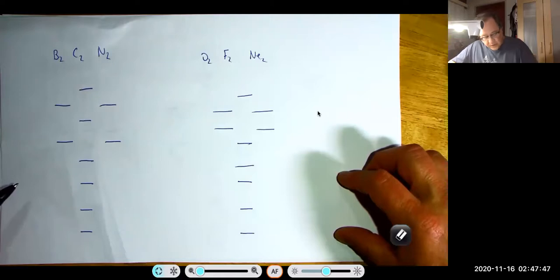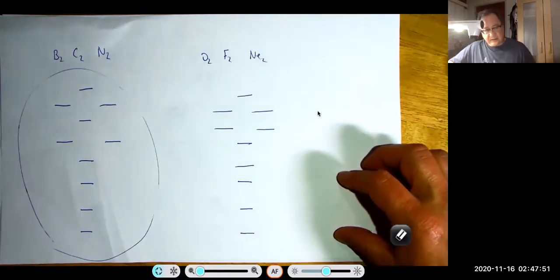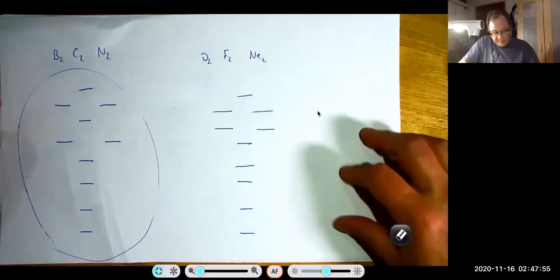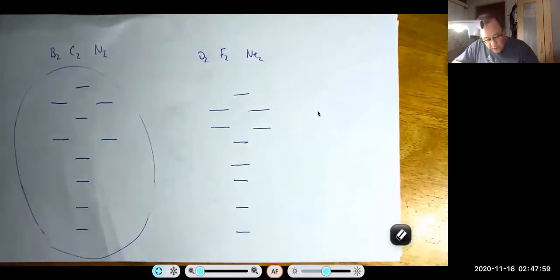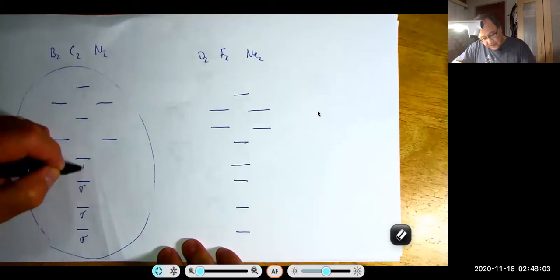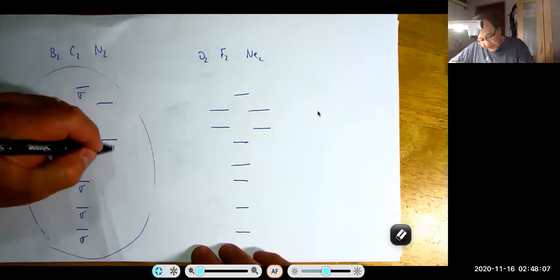Now, there is a way to remember this, and there was a nursery rhyme invented for this. So first of all, if I'm filling this in, this is practice for us. What do we know about all these center ones? So they're sigmas. What do we know about the ones on the outside? They're all pi's.